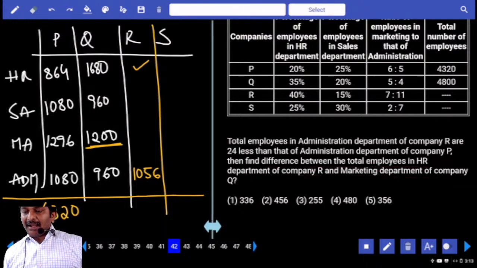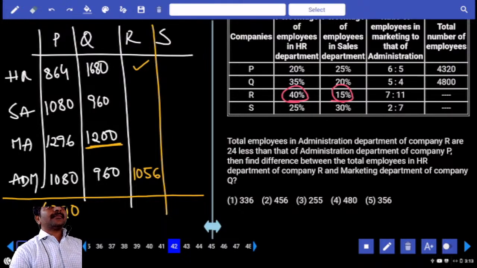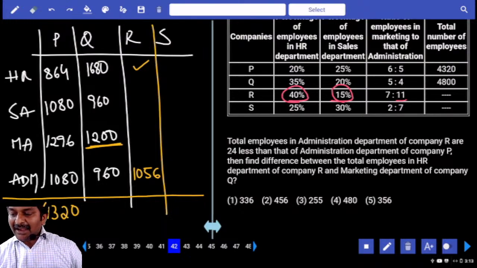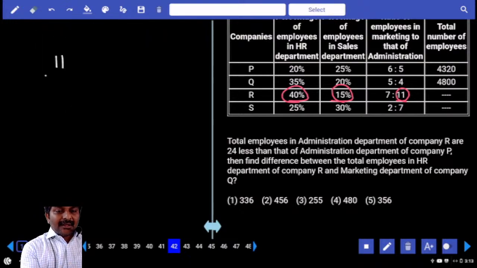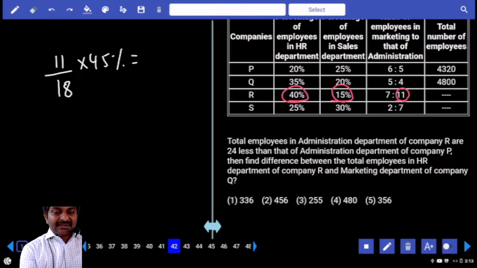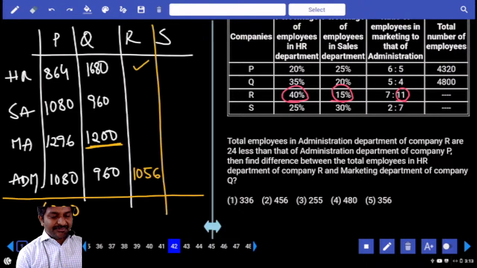Now let's see. R: already 40 plus 15, 55% is over, remaining 45%. In that, administrative employees are 11 parts out of 18 among the 45%. This number is equal to 1056.